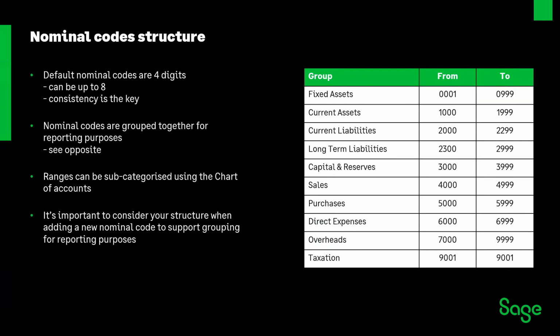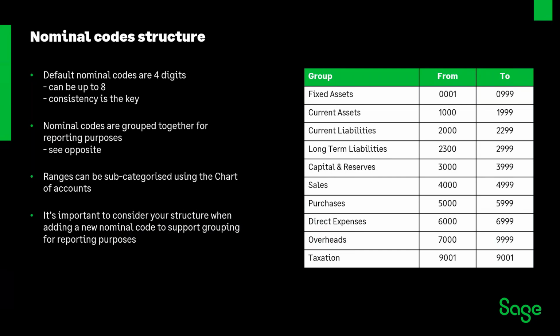So if you set up a new fixed asset nominal code, you would expect to use a number within that range. For current assets, it's from 1000 to 1999, if I count that right. Current liabilities will then be from 2000 to 2299.